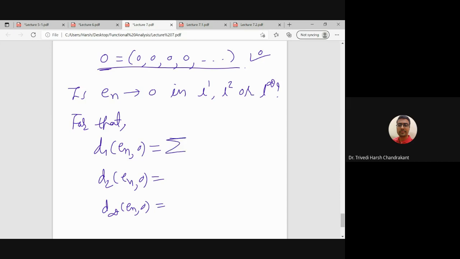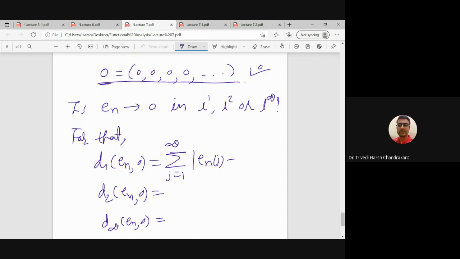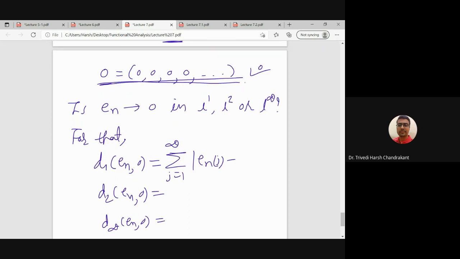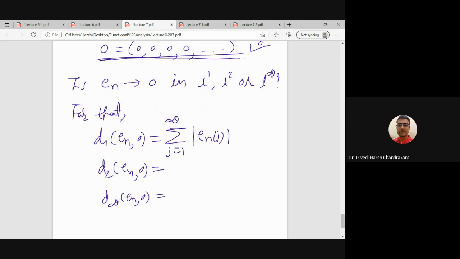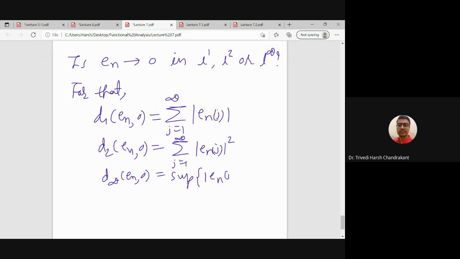The first distance is the summation j from 1 to infinity of the modulus of en,j minus 0 at j. 0 at j means the jth coordinate of the 0 sequence. So that is anyway 0, right? So it's nothing but the modulus of this. The second distance is the same one with modulus en,j squared. And the third one is the supremum of the modulus of en,j.